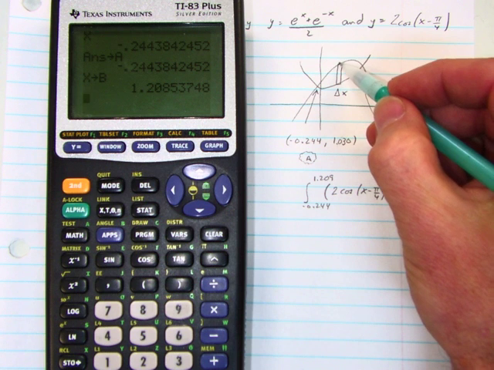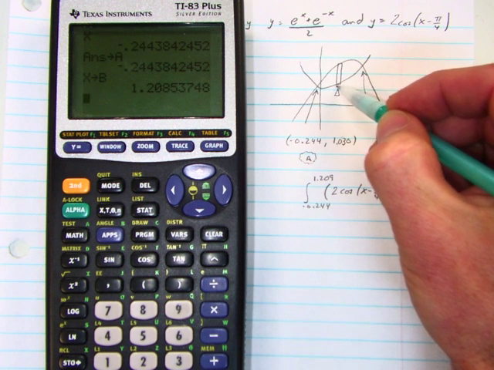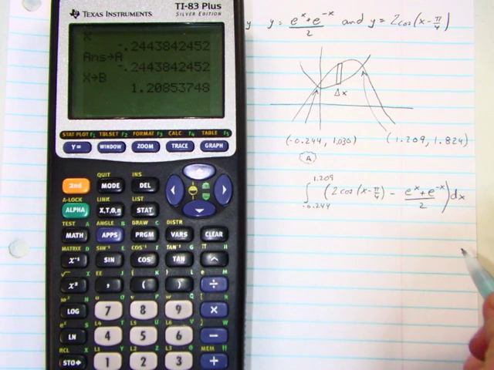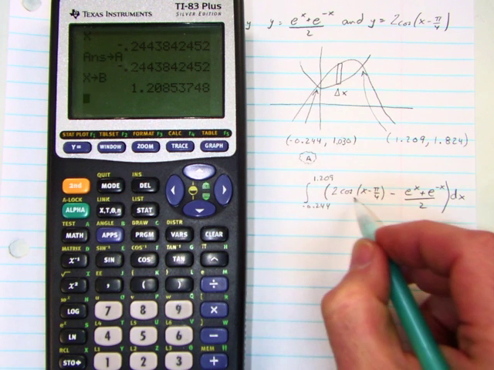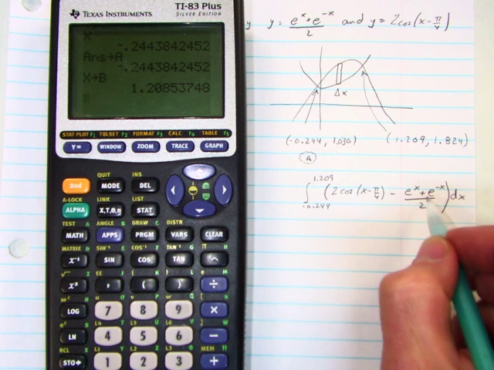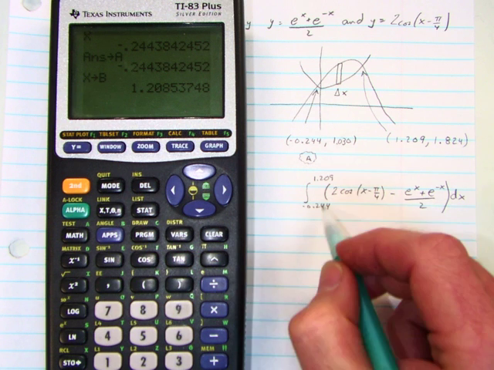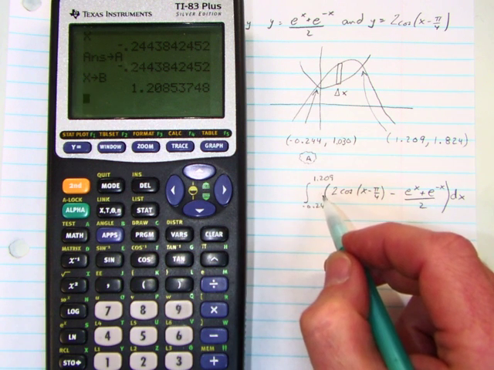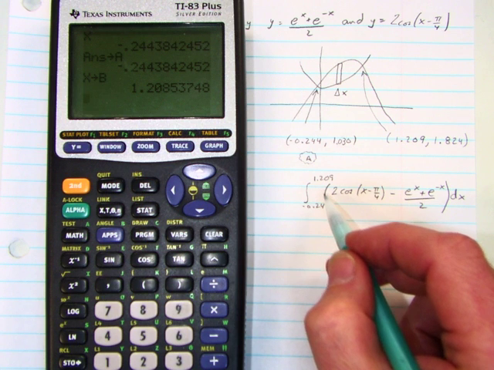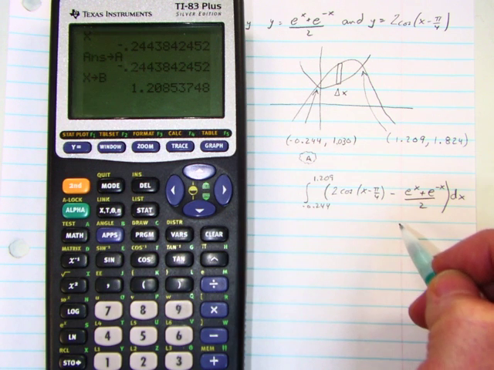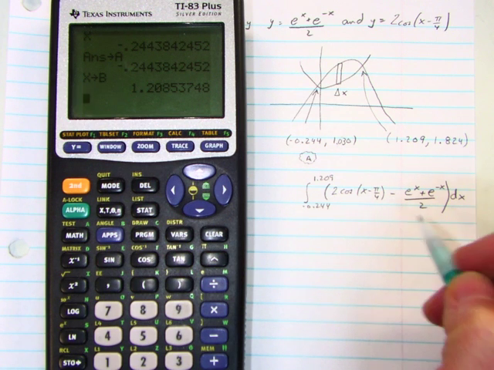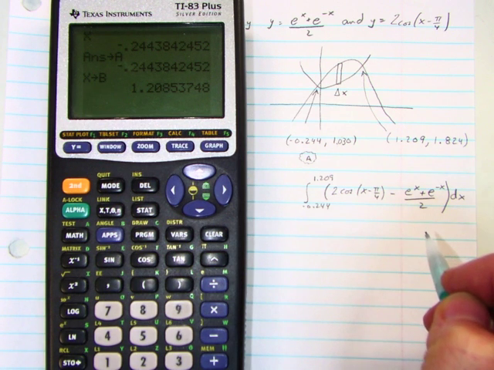So area is the top minus the bottom times its thickness, which becomes our dx when we sum it all up. Now we can find the antiderivative of these two functions, but since we have these decimals, we don't want to even consider doing this by hand. Let's just type it all in on the calculator, and then we'll just write the answer down.